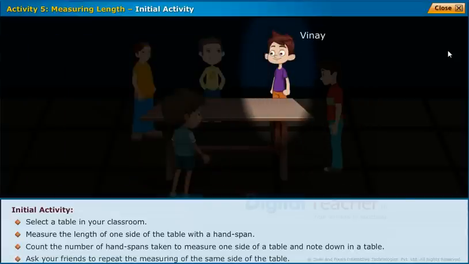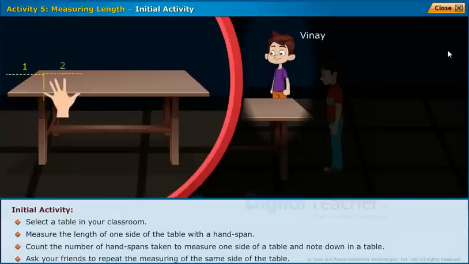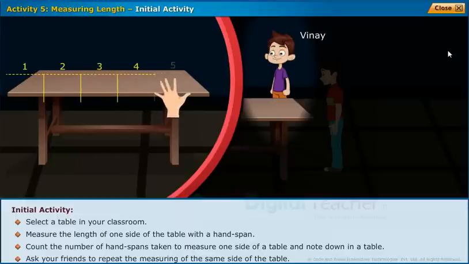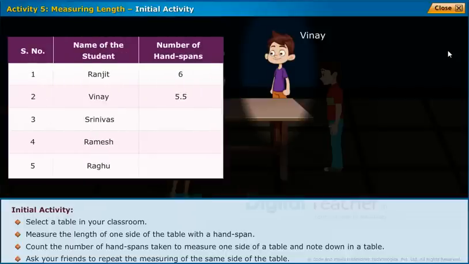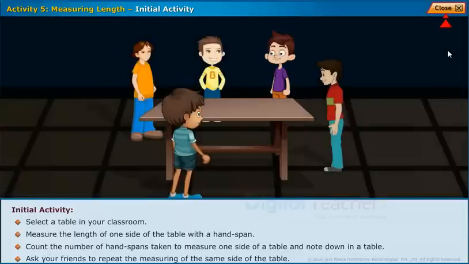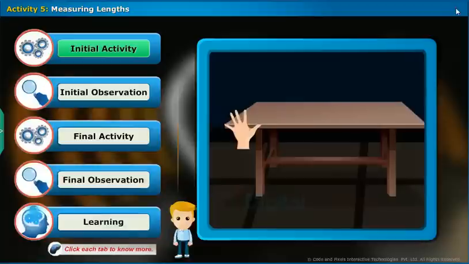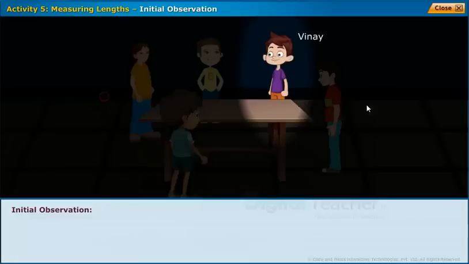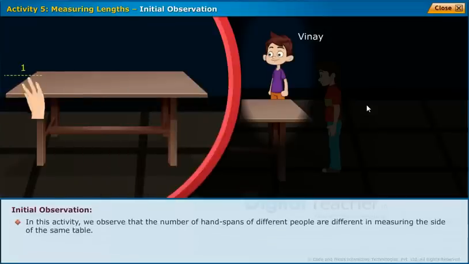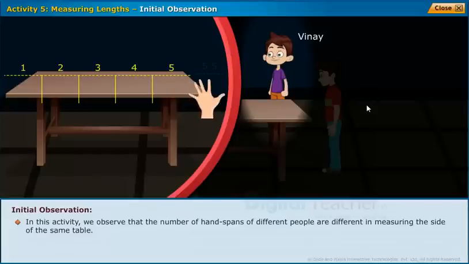Ask your friends to repeat the measuring of the same side of the table. In this activity, we observe that the number of hand spans of different people are different in measuring the side of the same table.